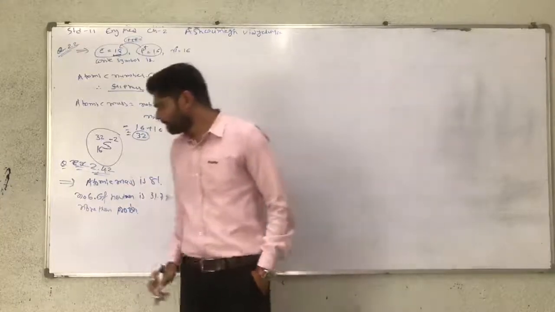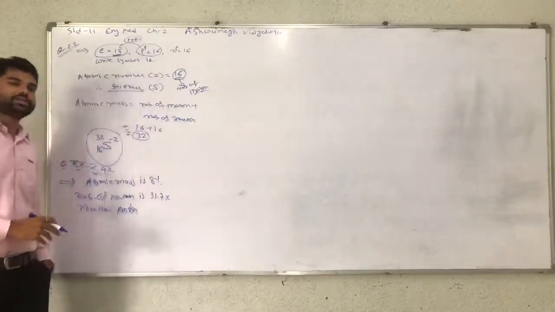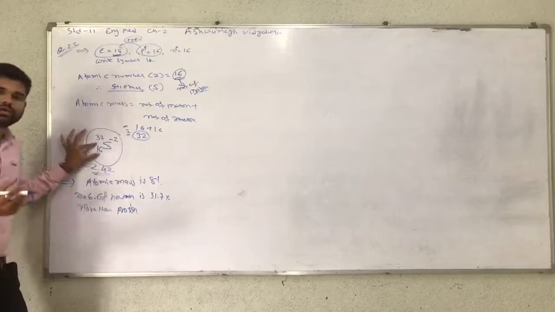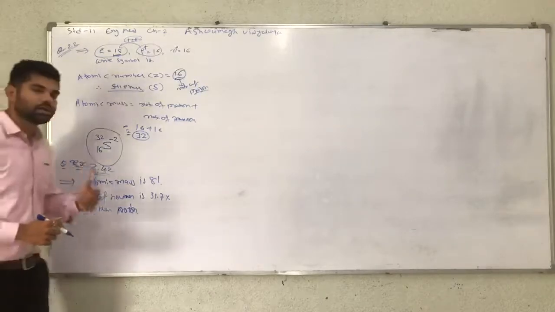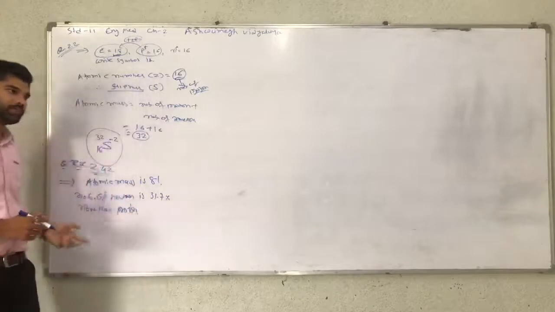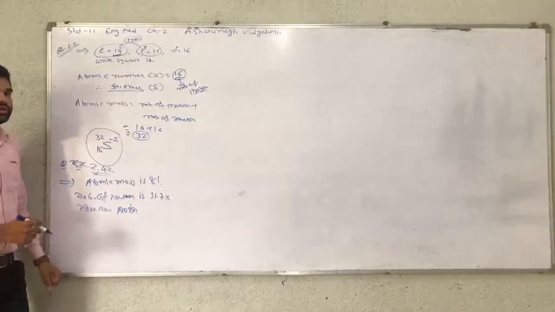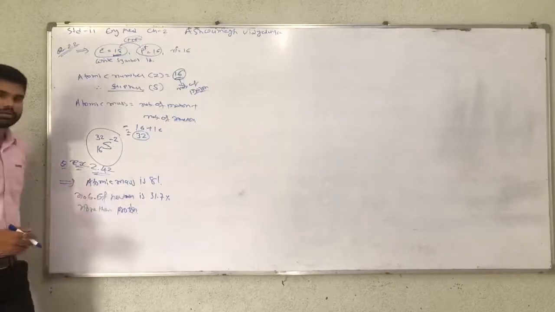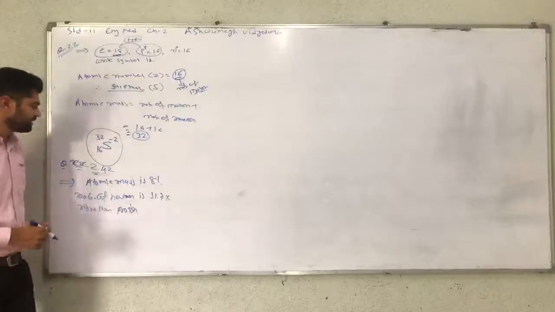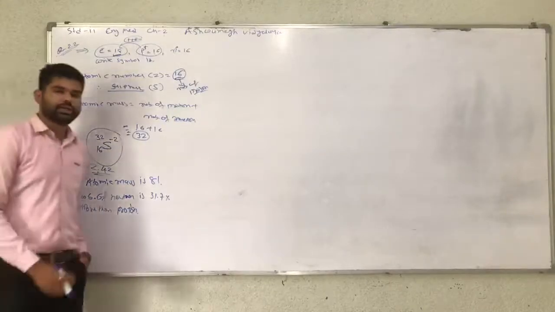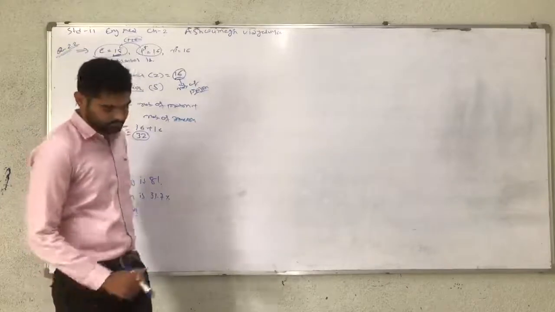One thing to remember is that any element can be represented and symbolized. We know what atomic mass and atomic number are. Atomic number means number of protons, but here it is unknown. You have to remember that only the atomic mass is given as 81, and the number of neutrons is 31.7% more than protons. So solve this question.